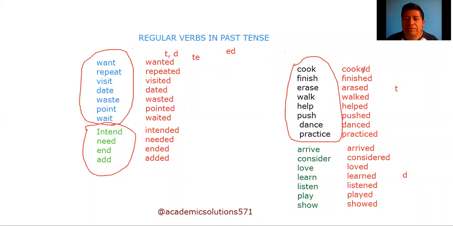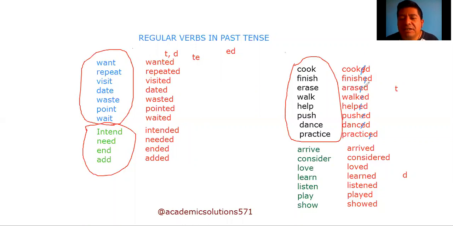So I'm going to use a different color. It's blue. We don't pronounce it. What happens is that when we make the sound of two consonants, they become one sound of one consonant. For example, the letter K with the letter D, when you join the two sounds together, they will sound like a T. So like cooked, cooked, cooked, finished, finished, finished, erased.